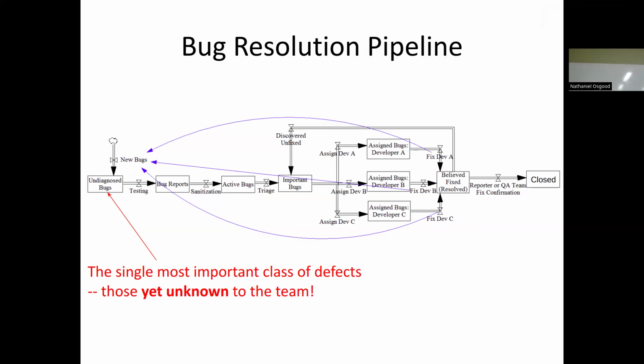Or maybe you misunderstand something about the stakeholder requirement and you write that code. But almost invariably it's inadvertent, right? You don't know that this defect has been created. And there's some big class of defects in the sky, so to speak, that are undiagnosed defects. They're there. We don't know about them.